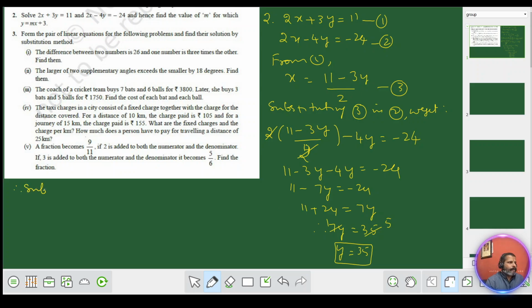Therefore, substituting y equal to 5 in 3, we get x equal to 11 minus 3 of 5 by 2. Sorry, not 35, right? It is 5 only. My mistake. 5.